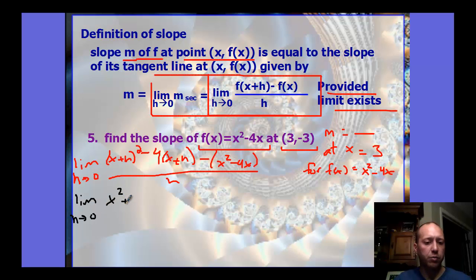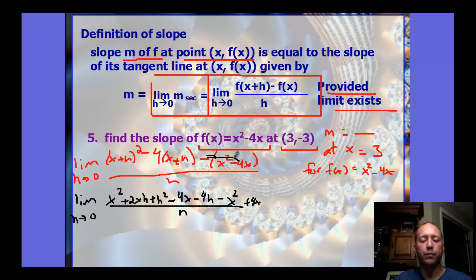Let's FOIL that first one. So we get x squared plus 2xh plus h squared minus 4x minus 4h minus x squared plus 4x, all over h. Notice how I distribute this negative as well.